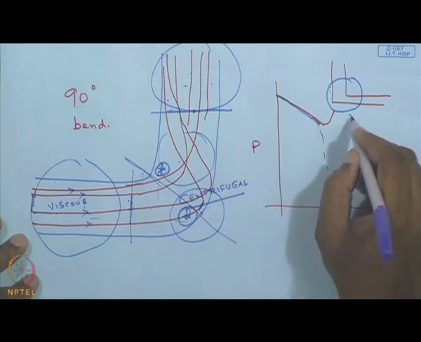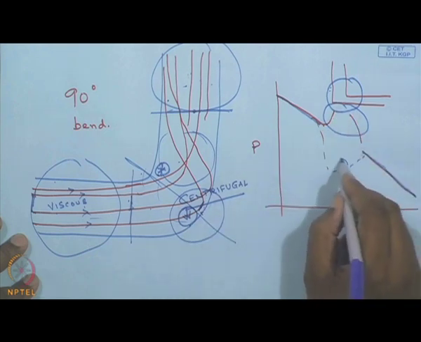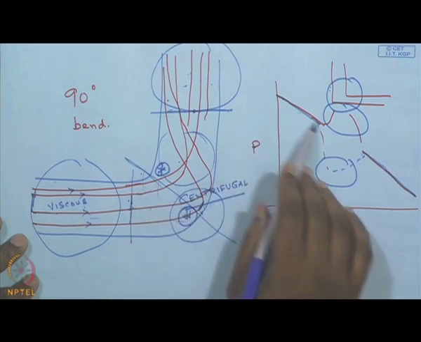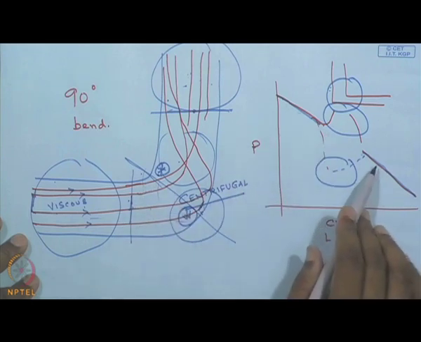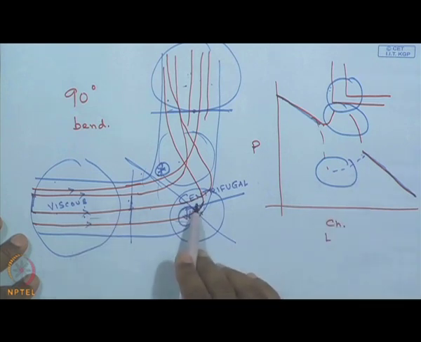So what we see here is a pressure jump near the outer wall and a reduced pressure near the inner wall. This kind of pressure behavior is quite common even for laminar flow in a 90-degree bend.